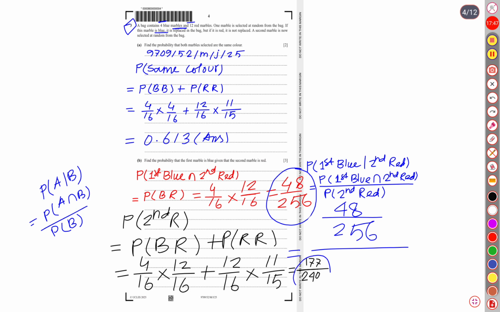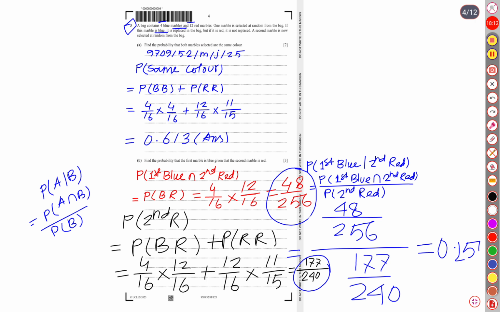Probability of second red is 177 over 240. So 177 over 240. Now if we calculate this quantity using our calculator, we will get 0.254. 0.254 is our conditional probability or answer to this question.